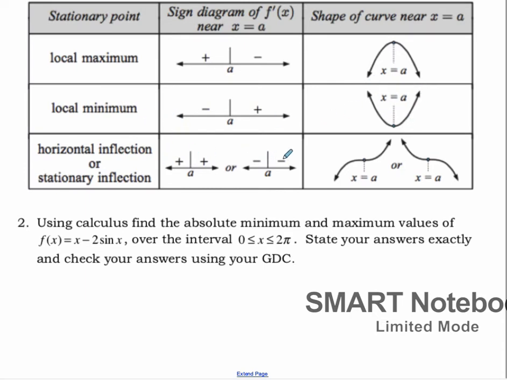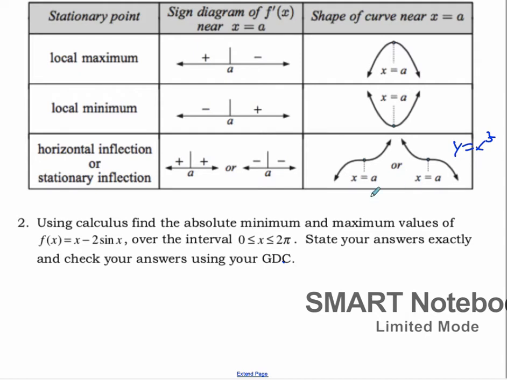And sometimes we have what we call a horizontal or stationary inflection point, like y equals x cubed has that point. So if the sign doesn't change, it's not a maximum or a minimum. We have a situation like that.